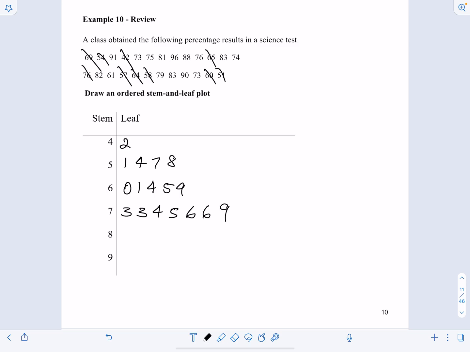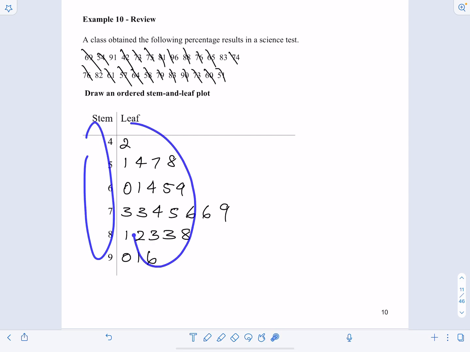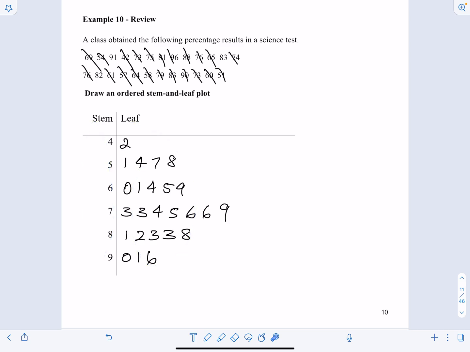We cancel out all of those so that we don't double up. And then we're left with our 80s. So we have 81, 82, 83, 83, 83, 88, and then we have 90, 91, 96. And that puts all the numbers there. Okay, so tens, ones, and the ones are in numerical order.